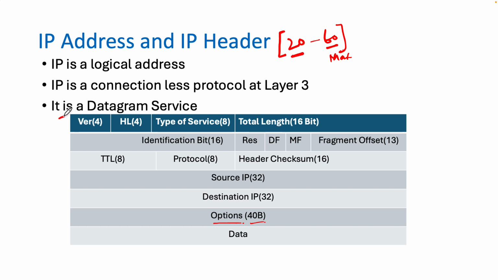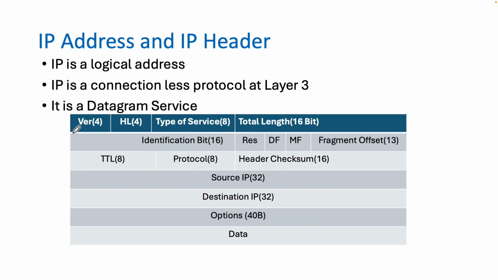So you see from here till here, it's a header, and this one is your actual payload. These are the fields number 1, 2, 3, 4, 5, 6, 7, 8, 9, 10, 11, 12, 13, 14. Total of 14 fields. The 15th one is optional.